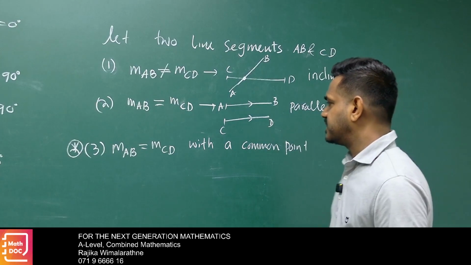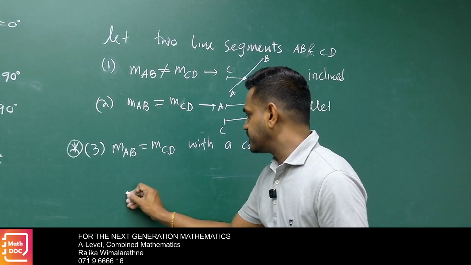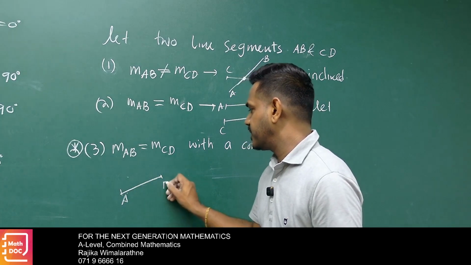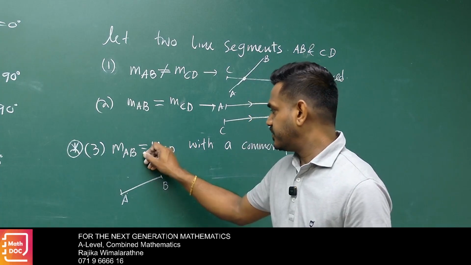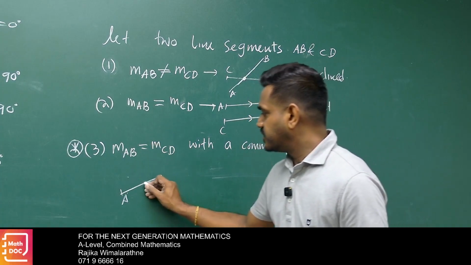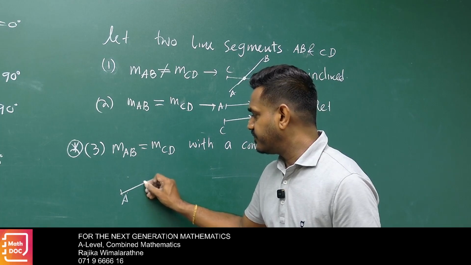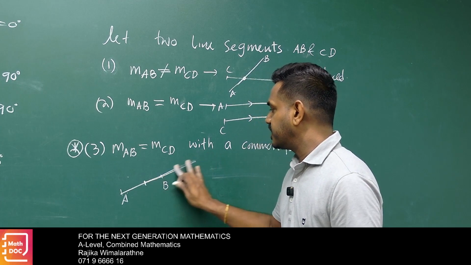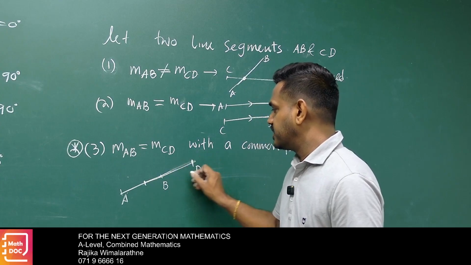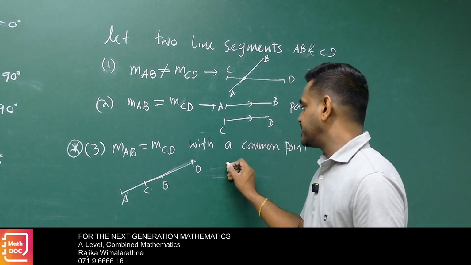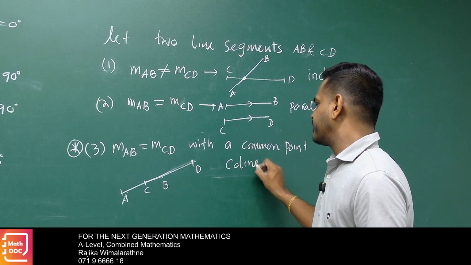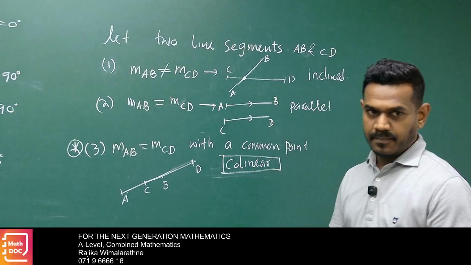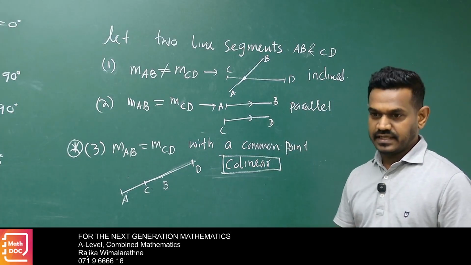So let's sketch. First you sketch AB, then CD parallel, but there is a common point. So take the common point here, then sketch the parallel line like this. Then we say collinear, along the same line. That is the third case.